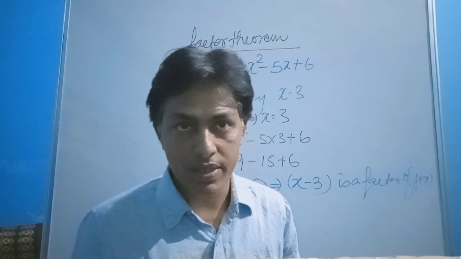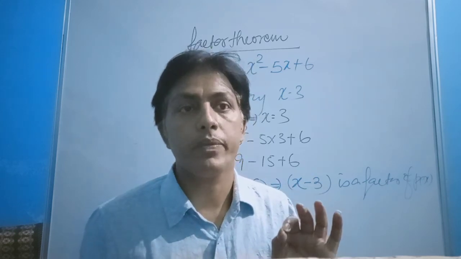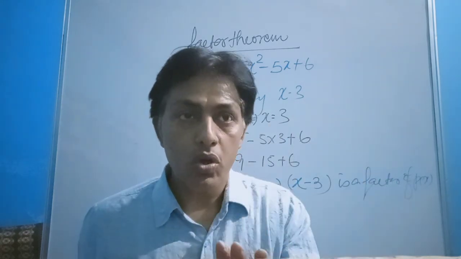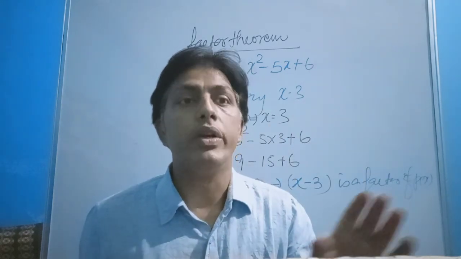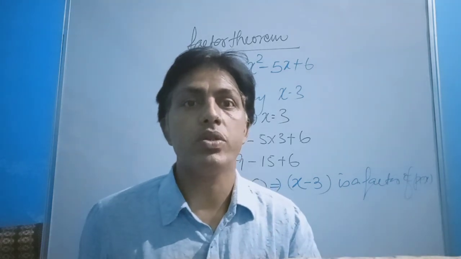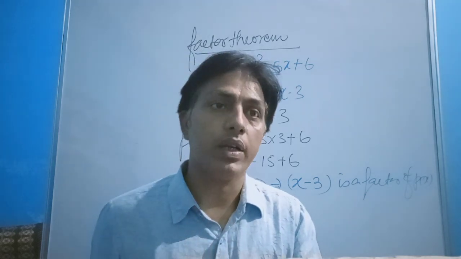The whole exercise is based on this concept. When the remainder is 0, the divisor will be the factor, and when the remainder is not 0, the divisor will not be the factor. That's all.